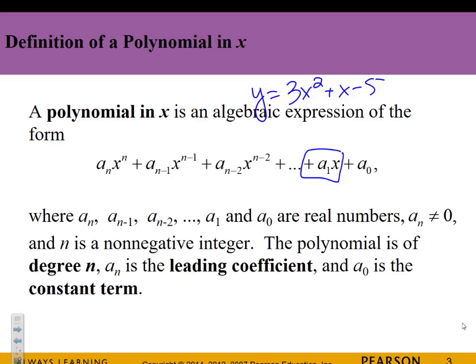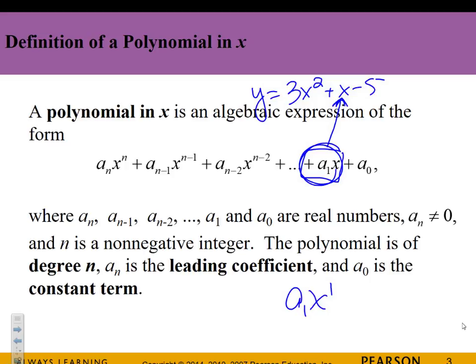So when we look at this piece right here, that's this part right there. It has a coefficient. In this case, what's the coefficient of x? 1. They're calling that coefficient a1. Whatever that first coefficient is, hence a sub 1. And then they have x, and it's technically to the first power. But do we need to write x to the first power? No. It's one of those things that's just understood. Make sense?